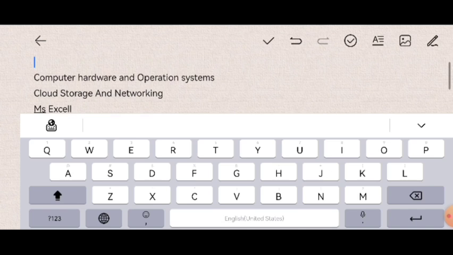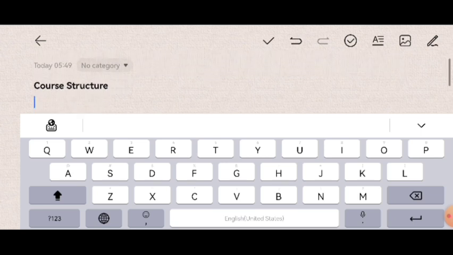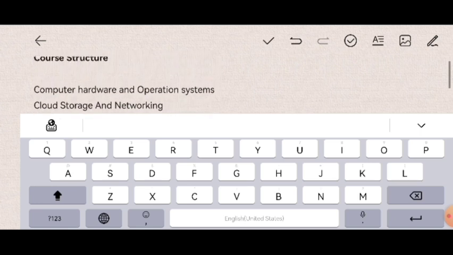Though it doesn't change what you need to do, for this subject we're looking at a short course called Computer and Smartphone Literacy. If you were to do a structure for this offering, that's the proper way to go through it.